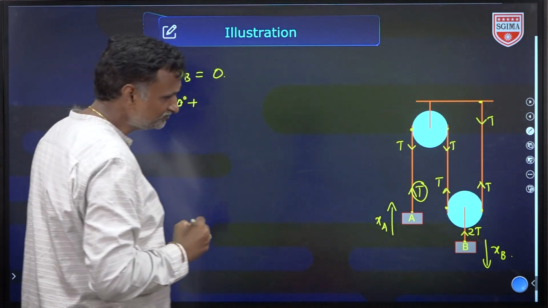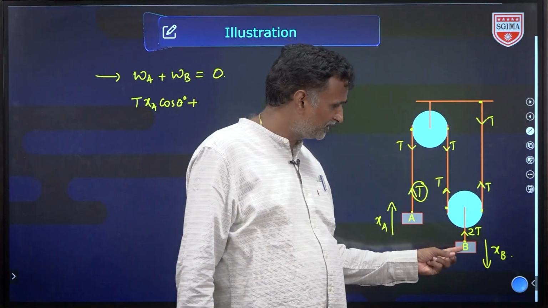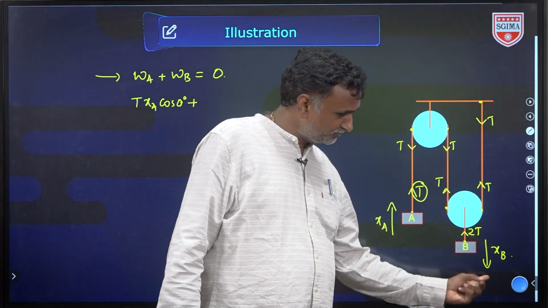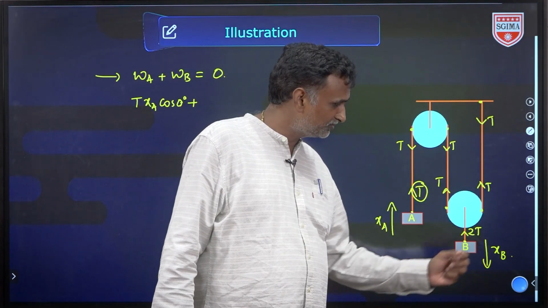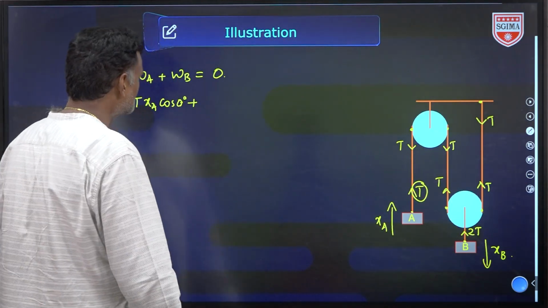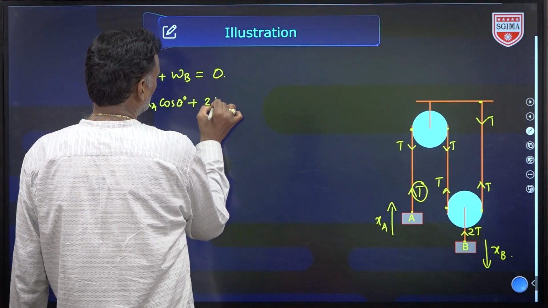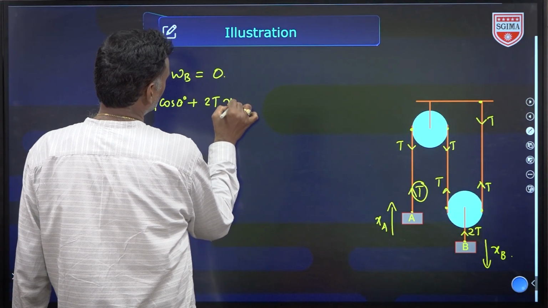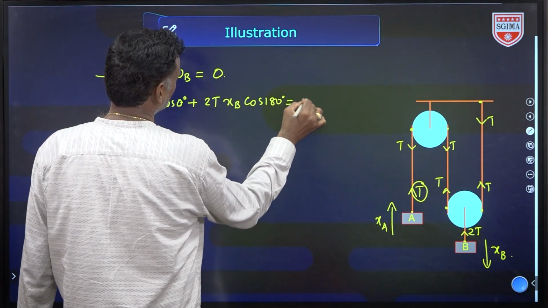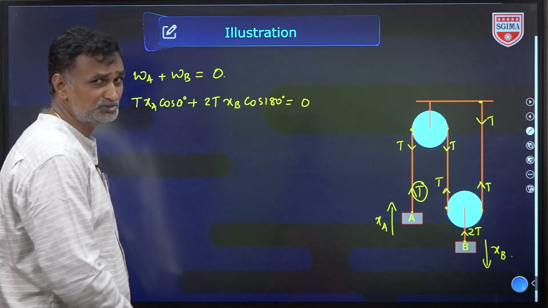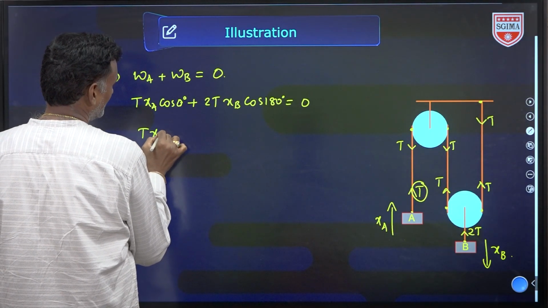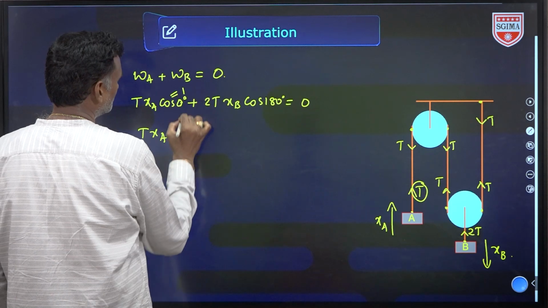Plus, what is the force acting on block B? 2T acting upward, but the block is moving downward. So how much is the angle between force and displacement? 180. So we can write 2T XB cos 180, equal to 0. Here cos 0 equals 1.